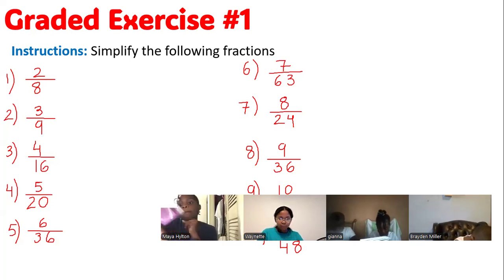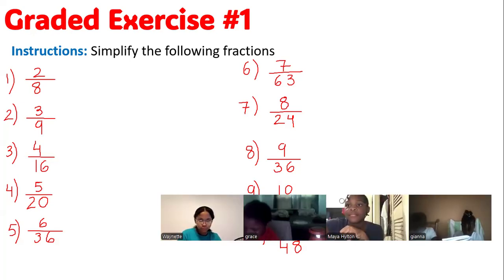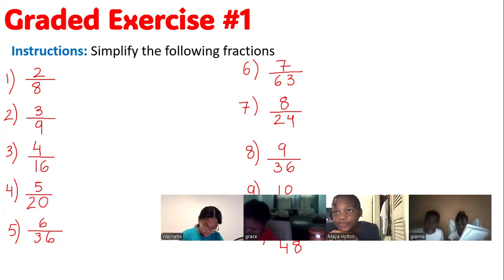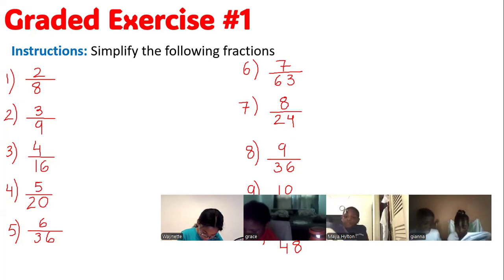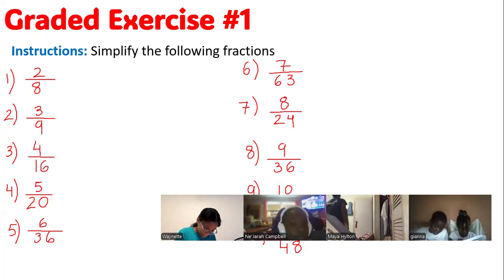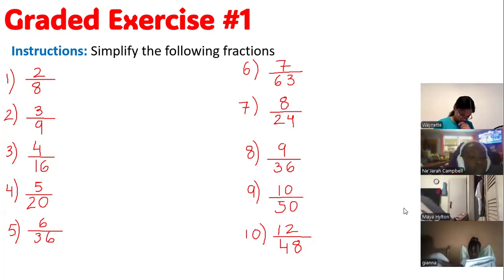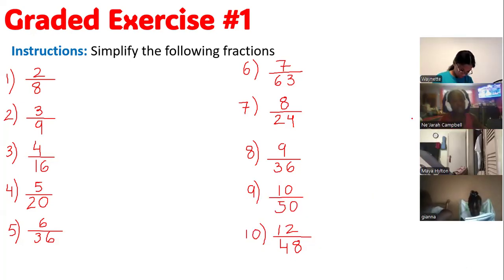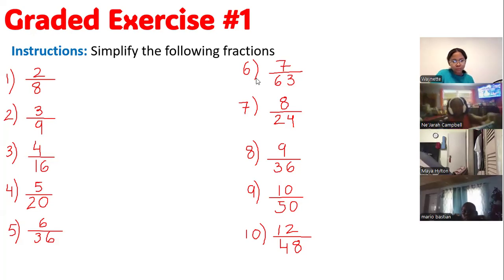Go ahead, Maya. I'm done. You're done? Okay, take a picture of your work and send it to me. It's either yes or no, so Maya. Yes, sir. Good. Go ahead, Najara. I'm done. You're done as well. Take a picture of your work and send it to me via WhatsApp. Go ahead.